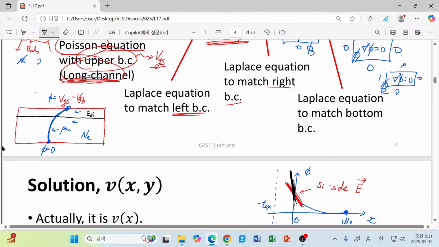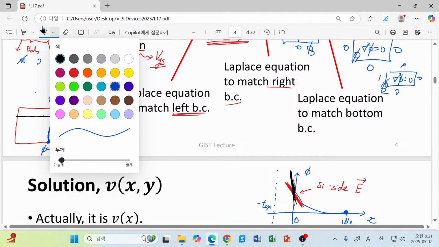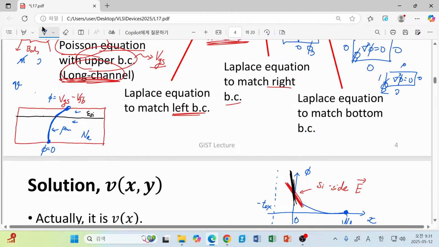This is the solution for our V case. So this is the potential obtained from our top side equation, and although it is written as x comma y, in general it has a y dependence. However, since this is the solution of our MOS equation, whether that is corresponding to y equal to 0 or y equal to L doesn't matter.